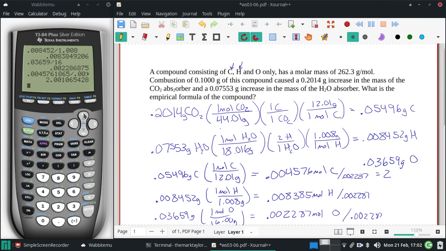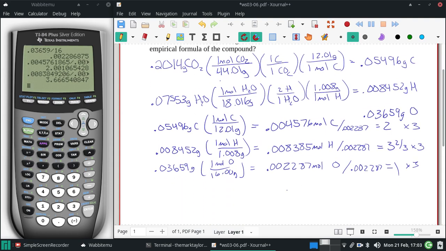The 0.008385 divided by that 0.002287 is 3.66, or what I'm going to write instead is 3 2/3, and the oxygen is just 1. And that 2/3 is problematic, so I'm going to end up multiplying all three of these by 3.